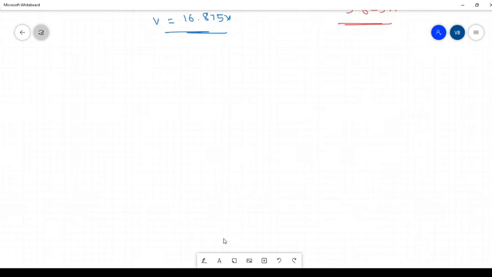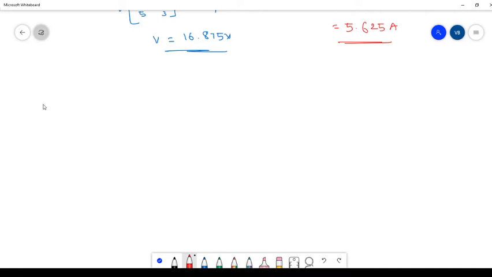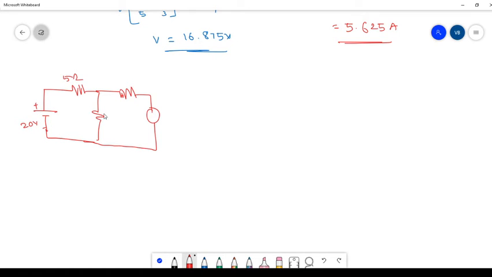So the same network I am going to draw again. Here, which is a 20 volts source and a resistor, and here we are having one more resistor, and then here a resistor and a current source. 20 volts, positive as well as negative. So 5 ohms, 3 ohms, 10 ohms and 5 amperes.